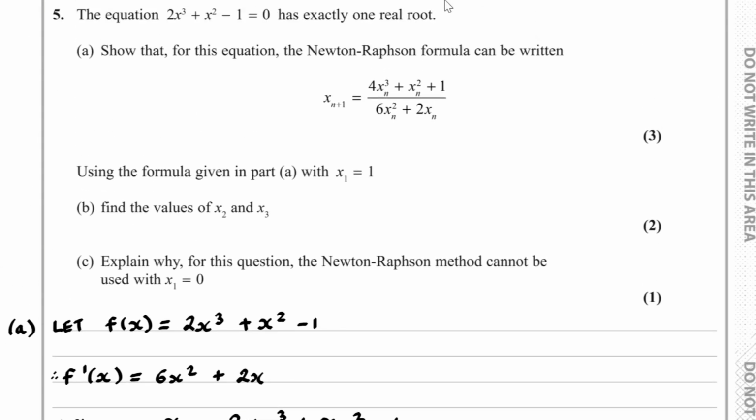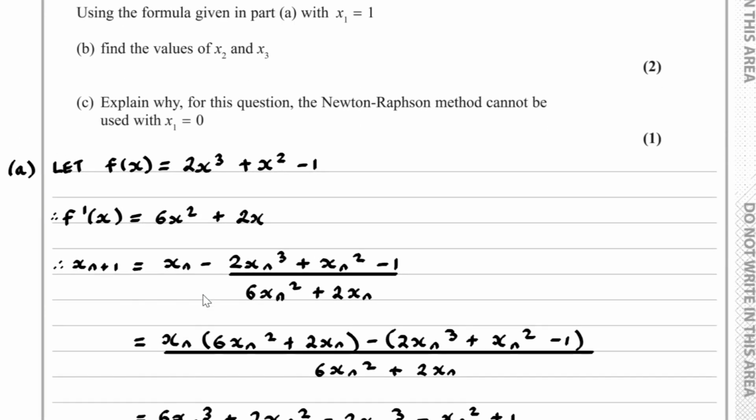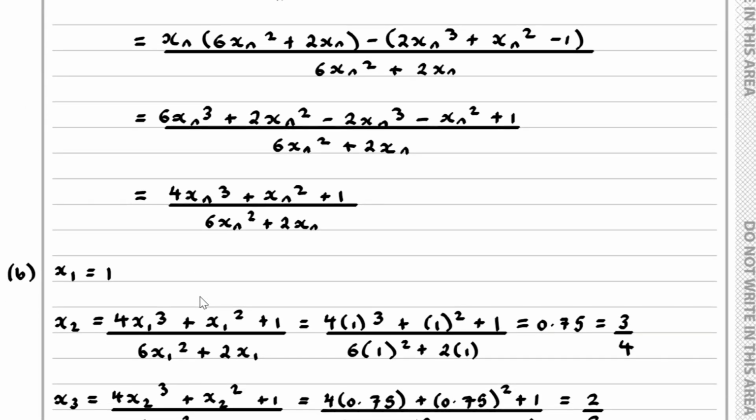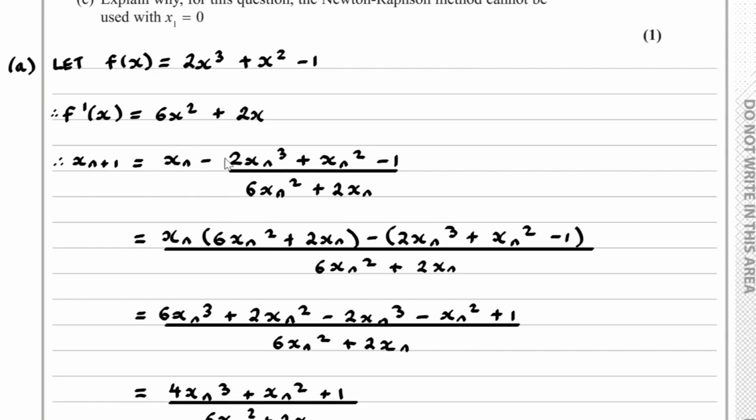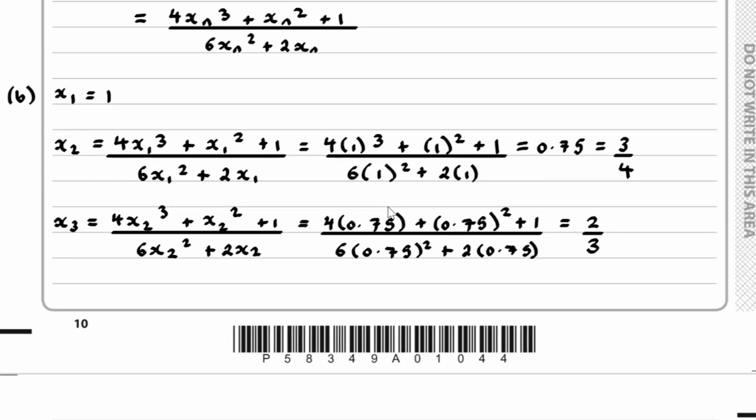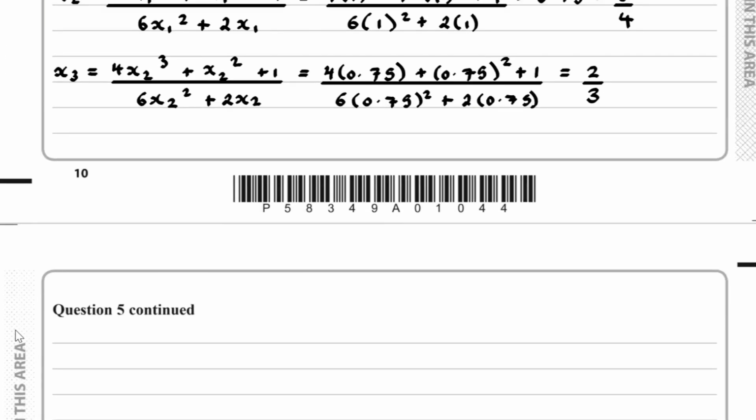Then, for part C, we have to explain why for this question the Newton-Raphson method cannot be used with x1 equaling 0. Well, if I substitute in 0 for f, I have 2 times 0 cubed plus 0 squared minus 1, and that's minus 1.